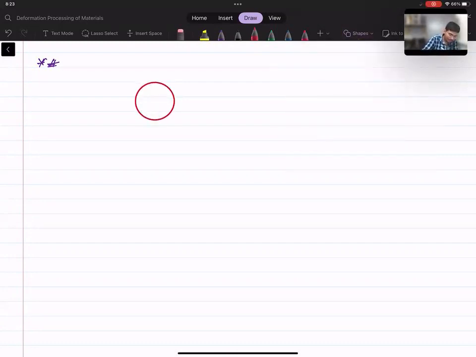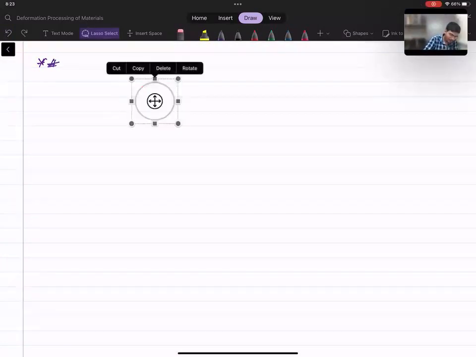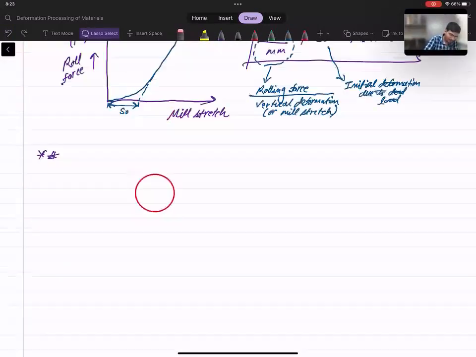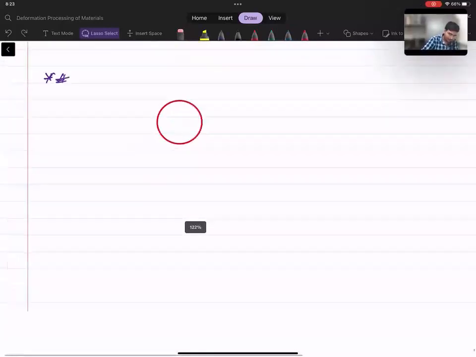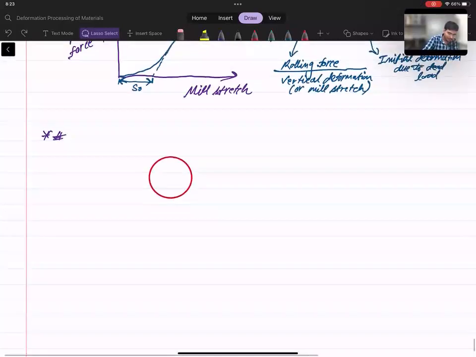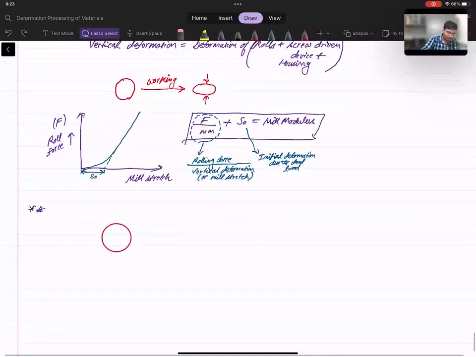It is much better. And if I copy it, it's a bit difficult to draw it here. Okay.